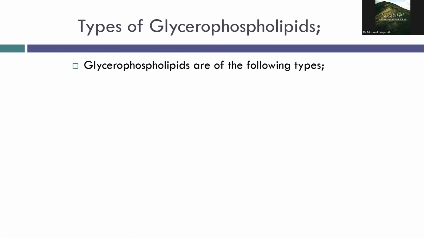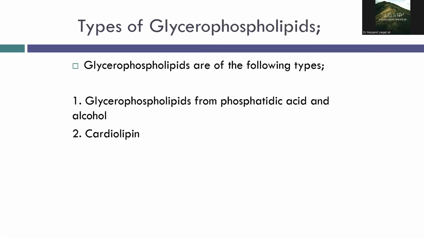So what about the types of the glycerophospholipids? Glycerophospholipids are of the following types. The first is those formed from the phosphatidic acid and alcohol. The second one is the cardiolipin. The third one is the plasmalogen. And the fourth one is the platelet activating factor.